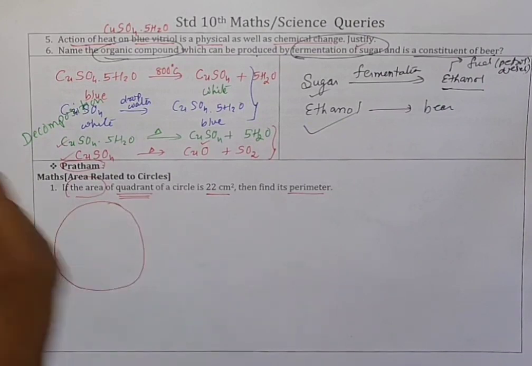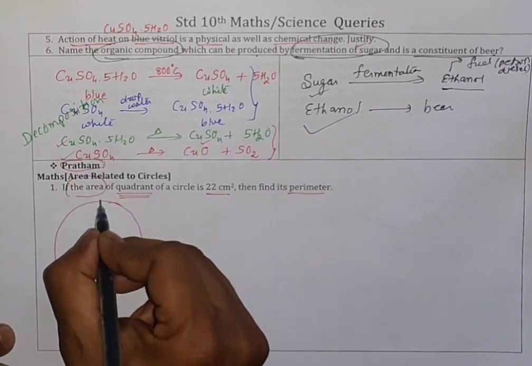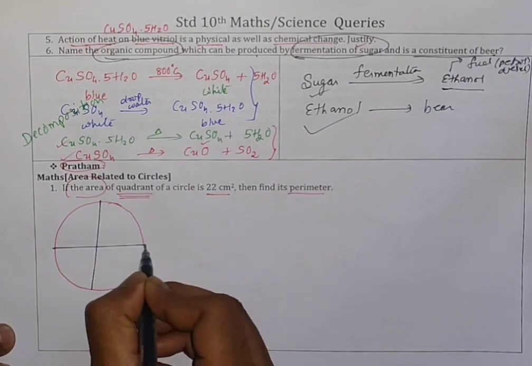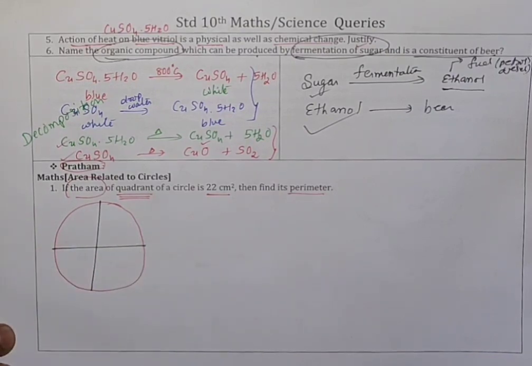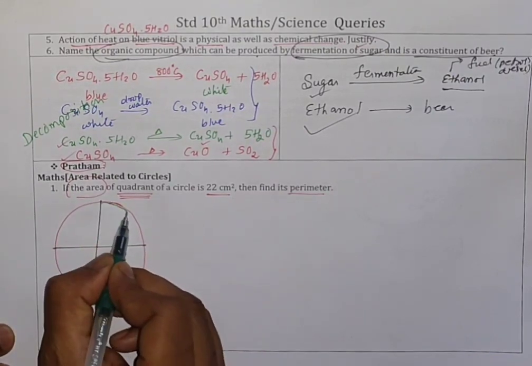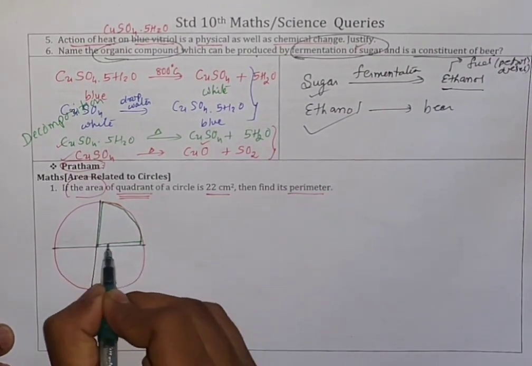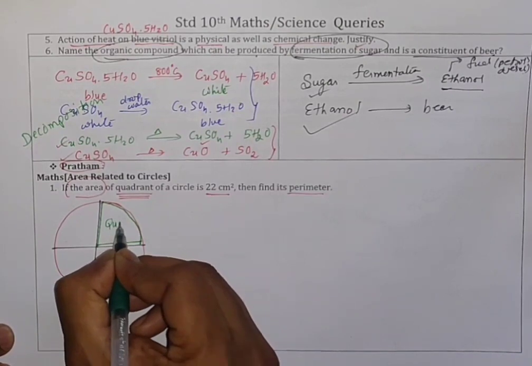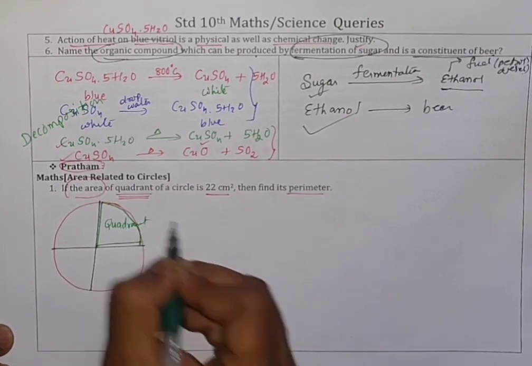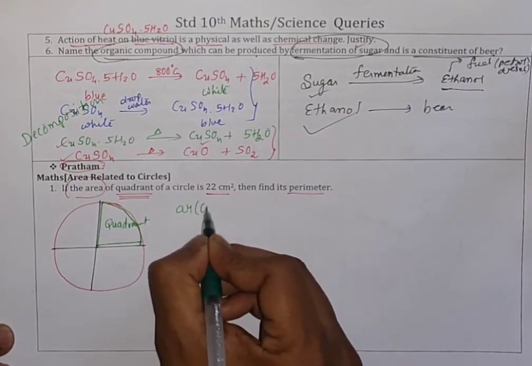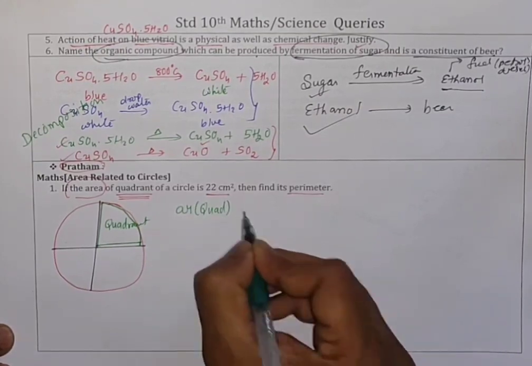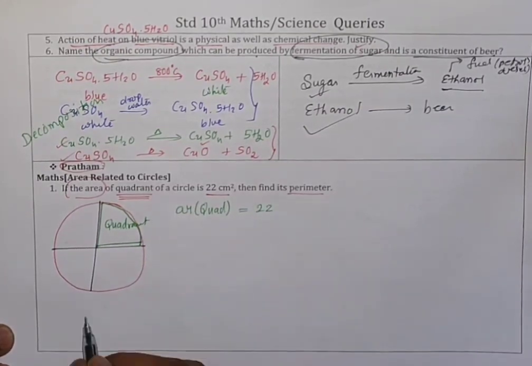This is a circle, and divide it into 4 parts. So this arc, this radius and this radius make the quadrant of the circle. So the area of the quadrant is given to be 22 centimeters square.